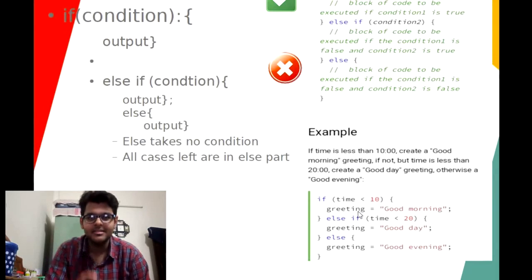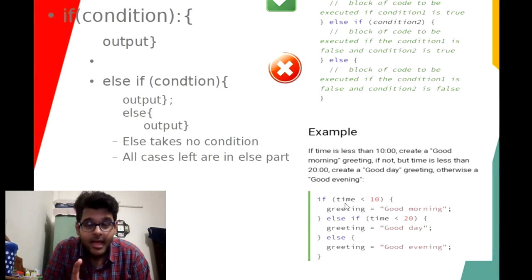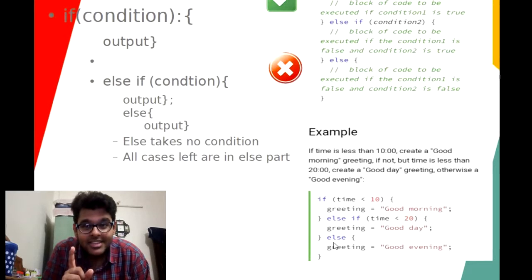Else if, so we're gonna check the second condition. If the first condition is false, then we check the second condition. So else if time is less than 20, greeting equals good day, and then we check our else.